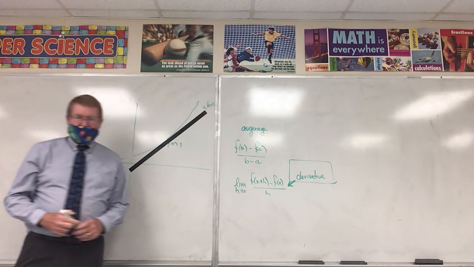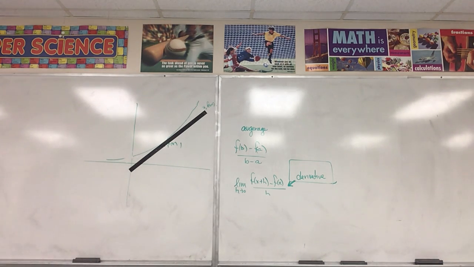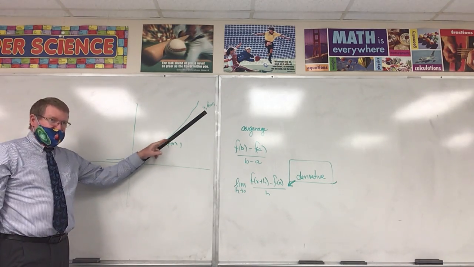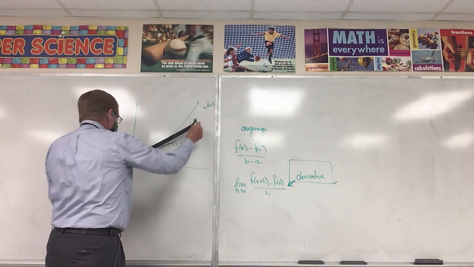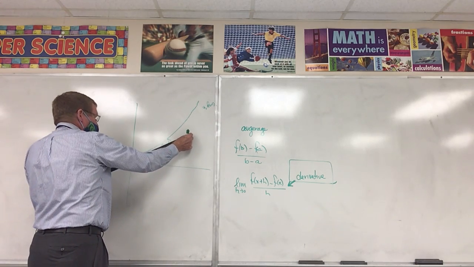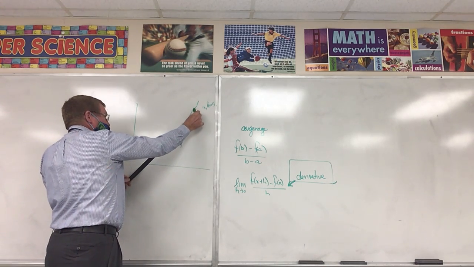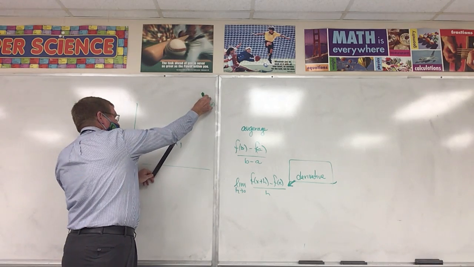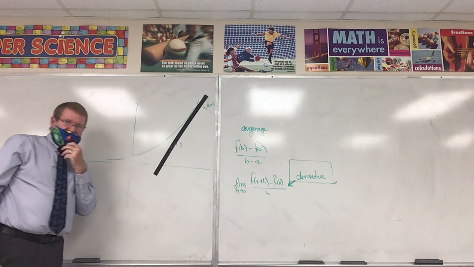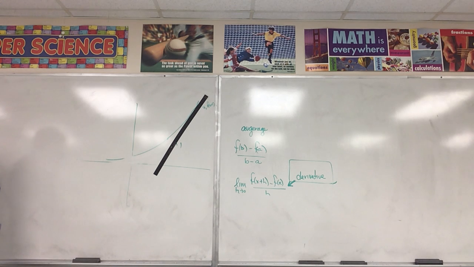The equation for the derivative is here. The derivative is the instantaneous rate of change. The derivative is the slope of my tangent line. And if I take this line and move along the curve, you notice my slope is consistently changing when I'm dealing with the tangent line.